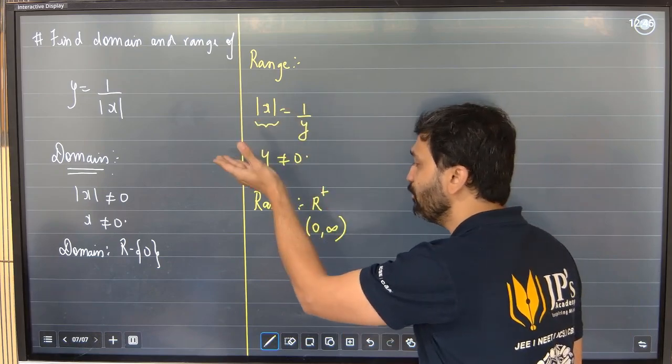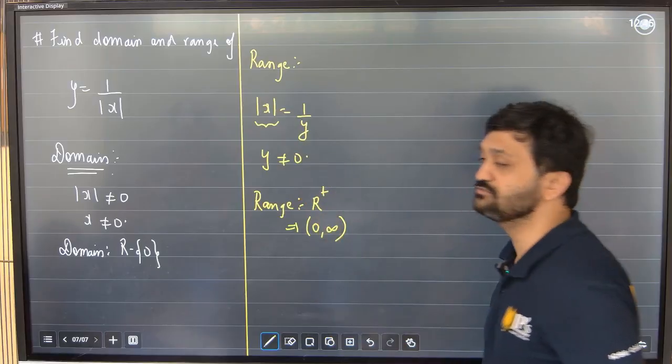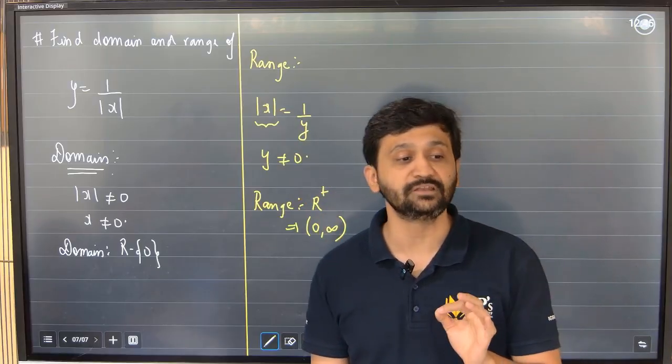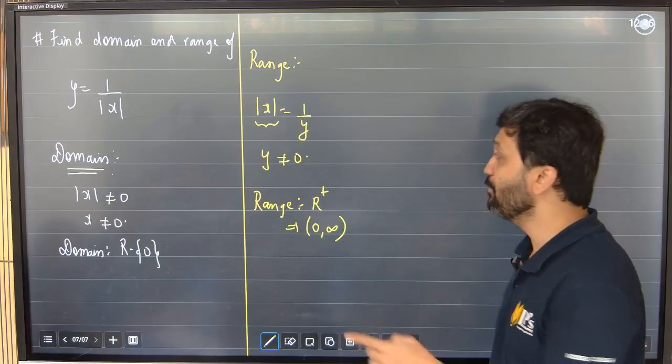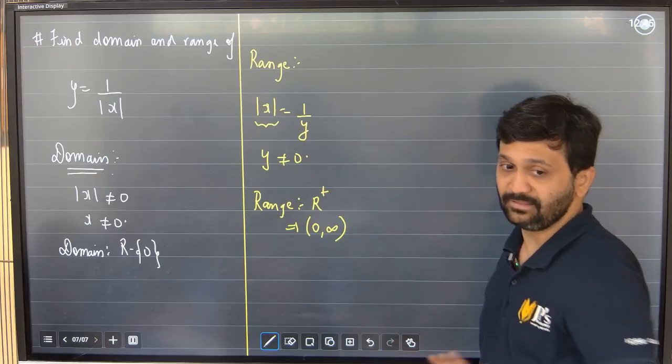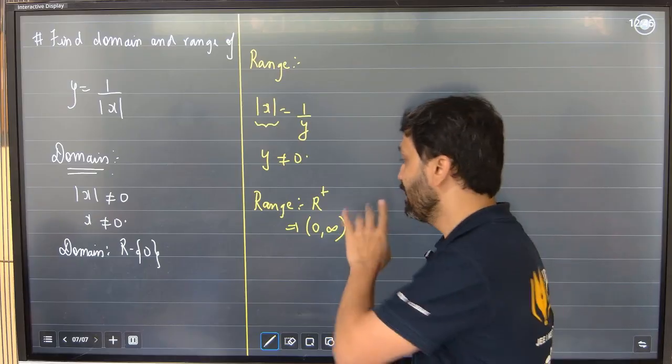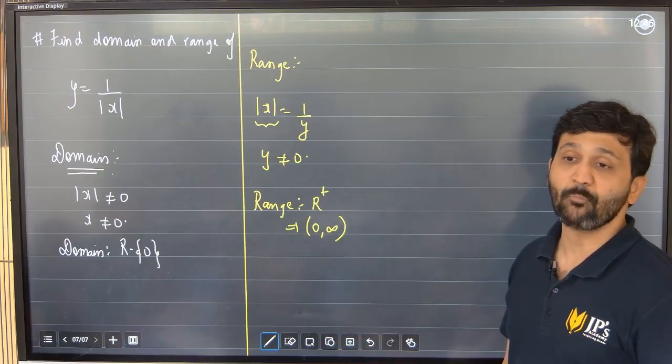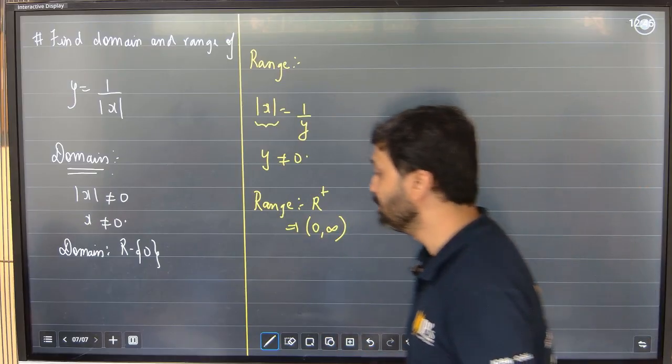Absolute value will always be positive. Hence the answer for this will be from 0 to infinity. 0 भी नहीं बनेगा because अगर y 0 बन गया तो बेसिक रूल ऑफ मैथमेटिक्स सेटिस्फाई नहीं होगा. नेगेटिव कभी बनेगा नहीं. तो it will have positive real numbers.